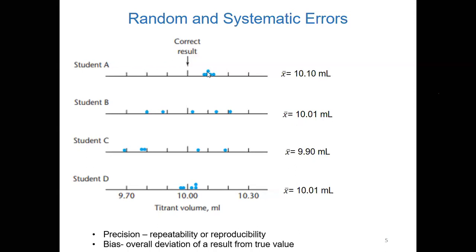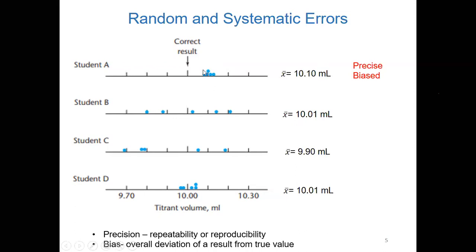Student A got these results, and the mean value for student A's result is 10.1. If we talk about the results of student A, they are precise. All the values are lying in the same area.